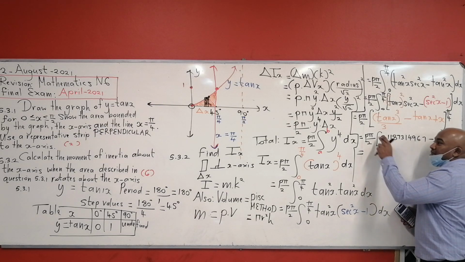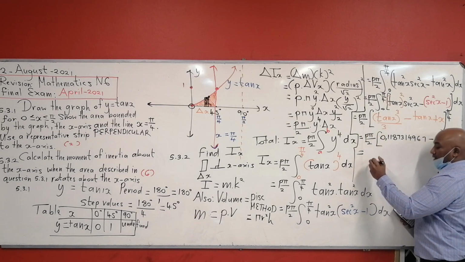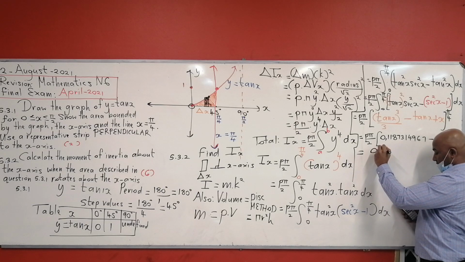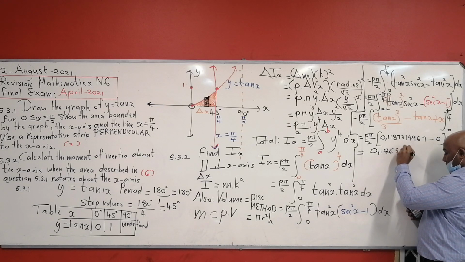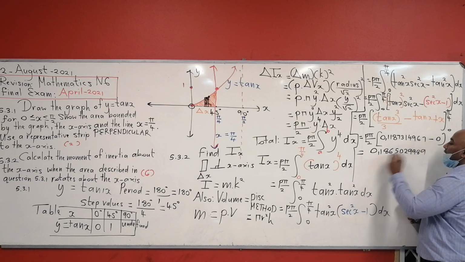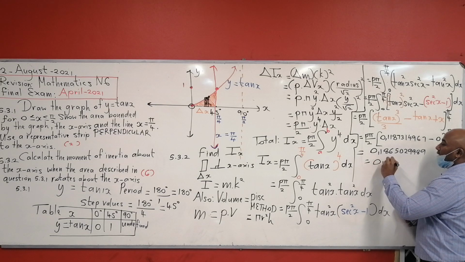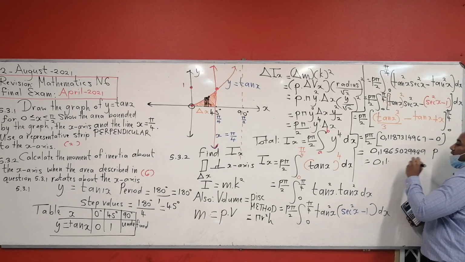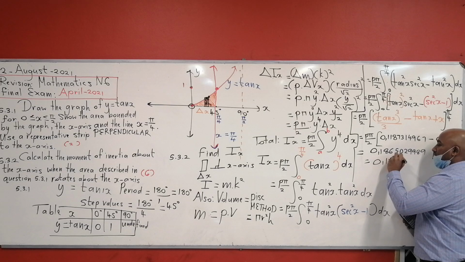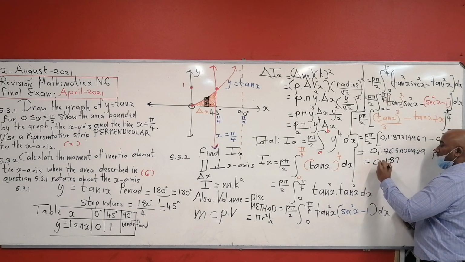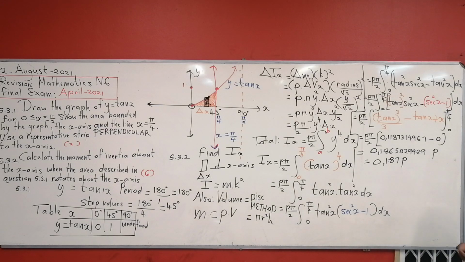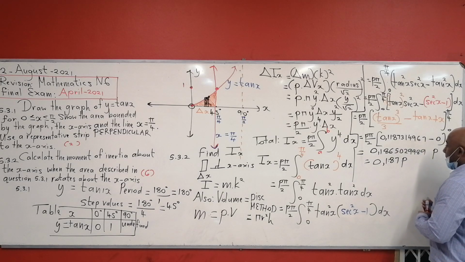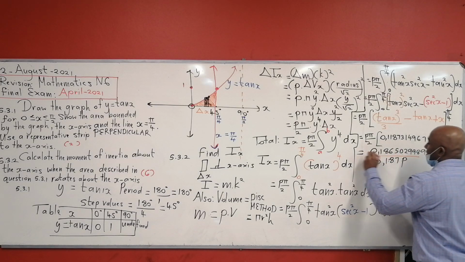So if I multiply this by pi over 2, we get 0.18650299989, which is about 0.187. Alright, so that's what we get. And this is our final answer for here.